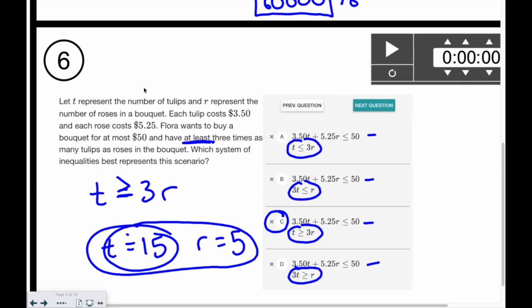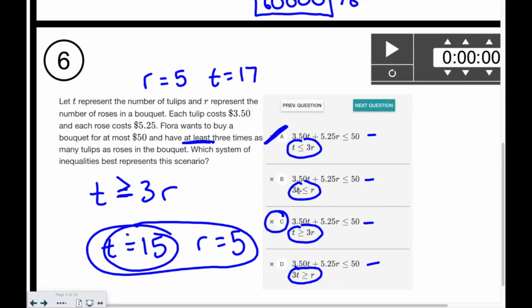That might not get the final answer, but it'll at least eliminate some of them. An example that would work might be 5 roses and 17 tulips, right? That's more than 3 times as many. Using this, A goes away because 17 is not less than or equal to 15.